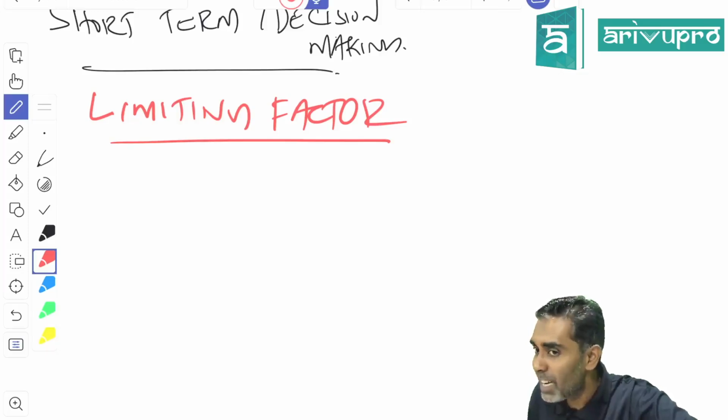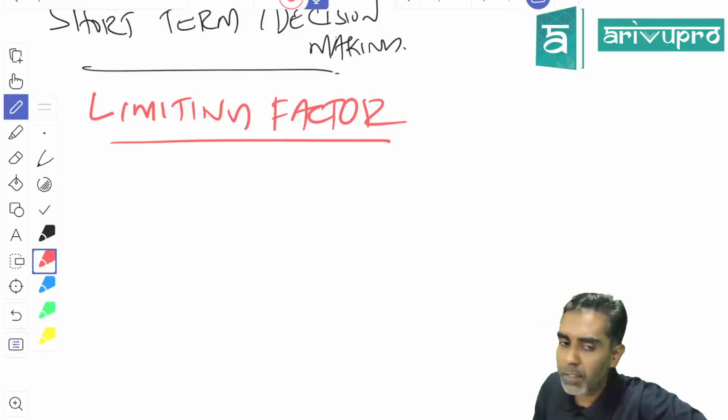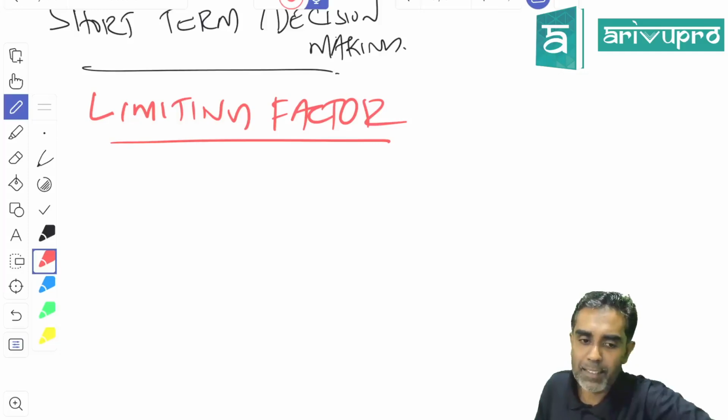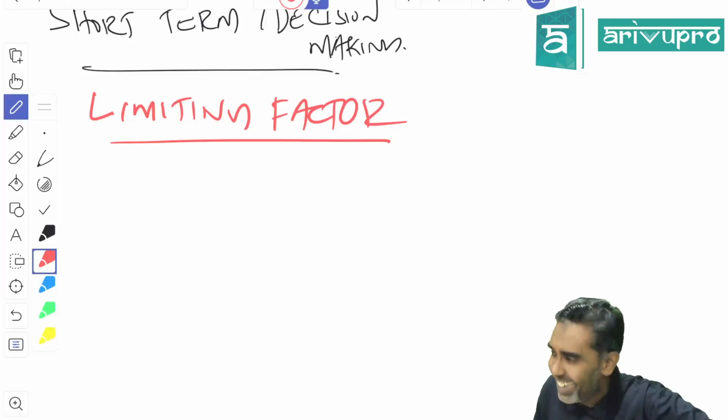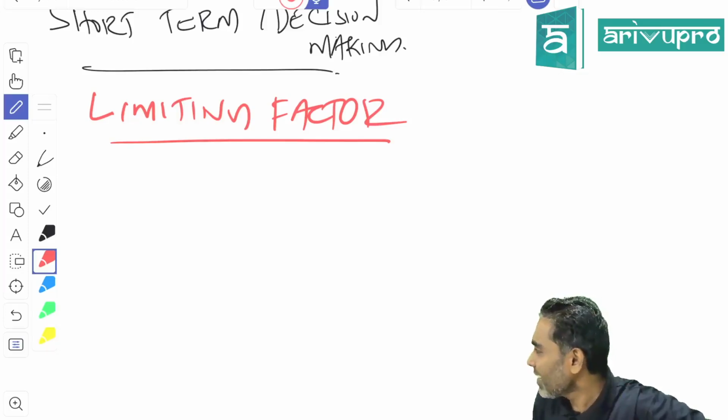When it comes to multiple limiting factors, I will change it to plural. But here it is only one resource that restricts the profit maximization of an organization.